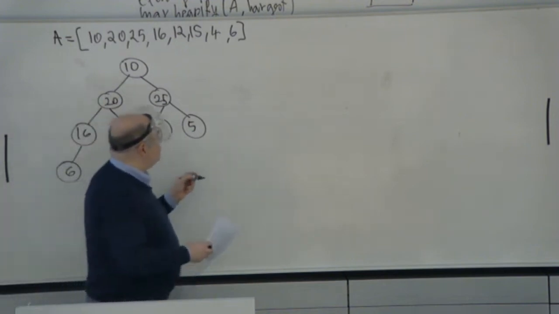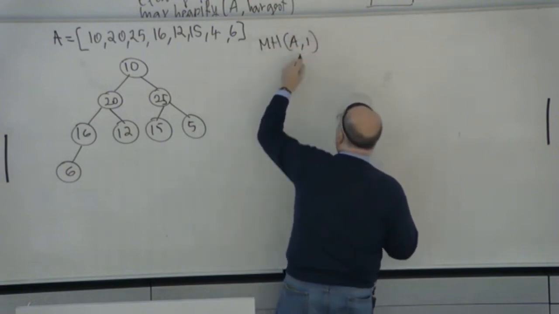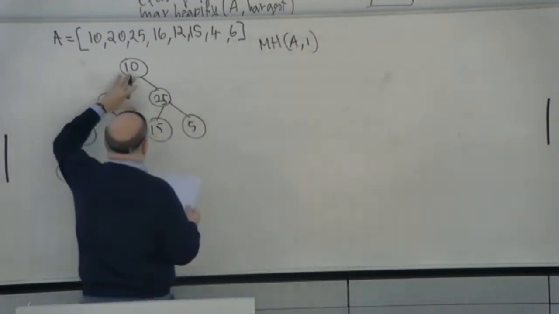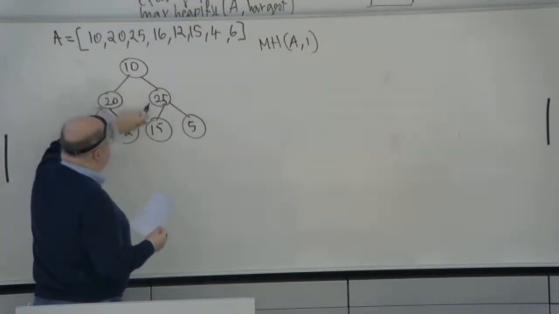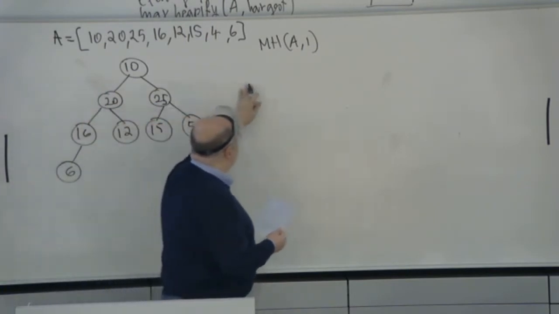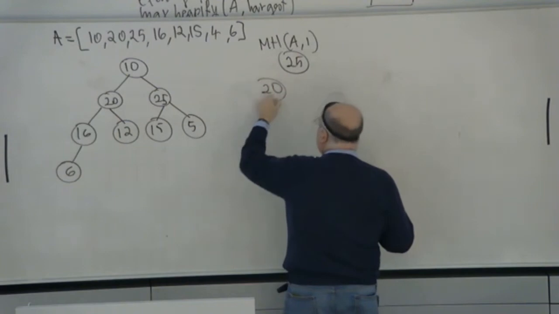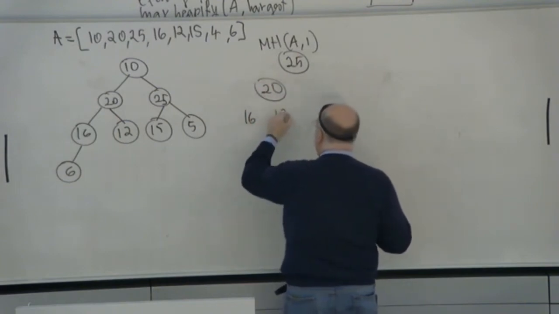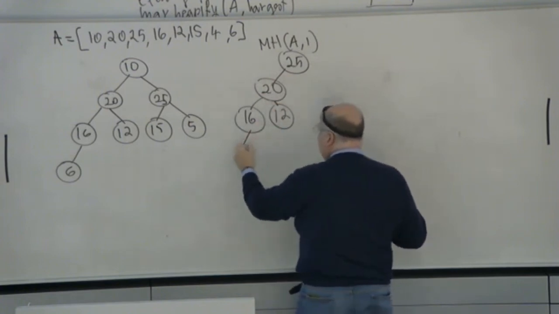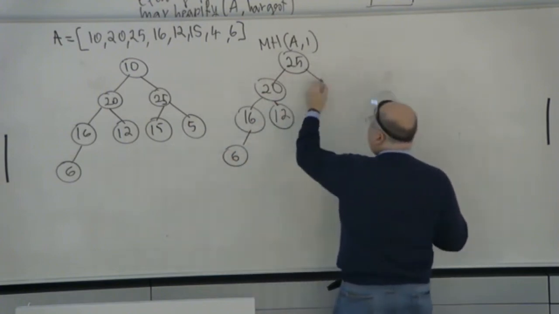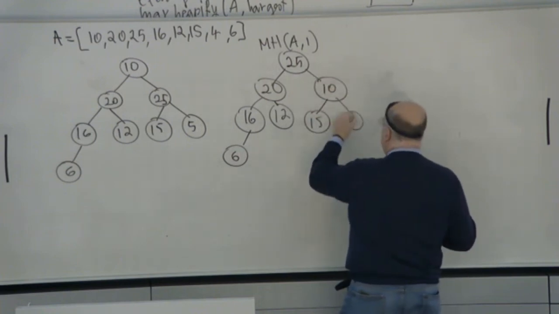And so we can fix this by calling max heapify with A1, okay? And what we get is that we swap the entries here, and since the largest value is this one, after this we get 25, 20, 16, 12, and then we get 6, and here we get 10, and then 15, and then 5.